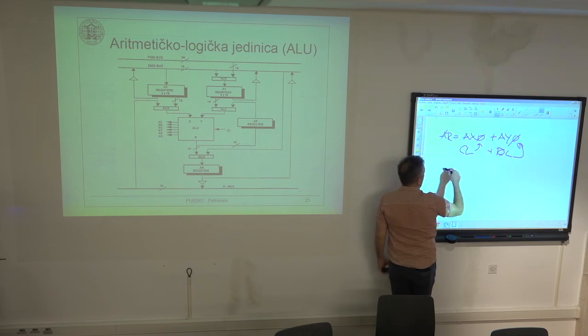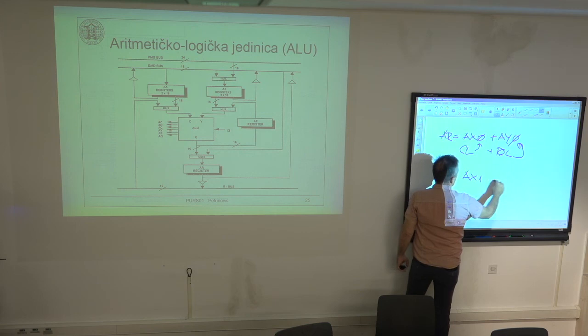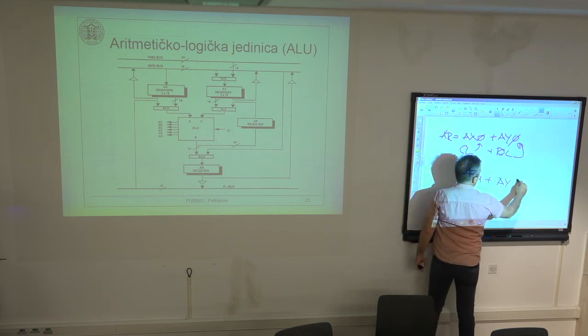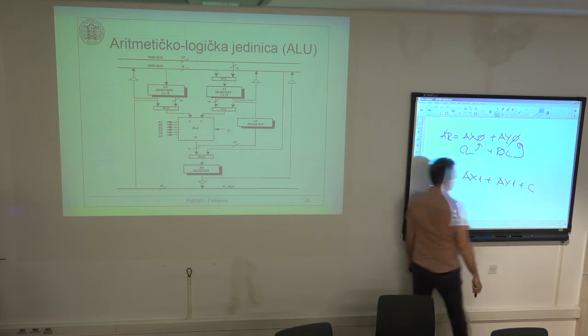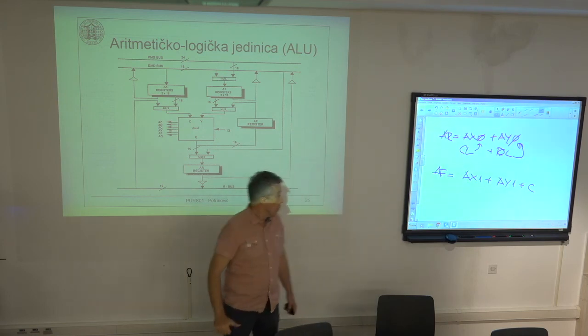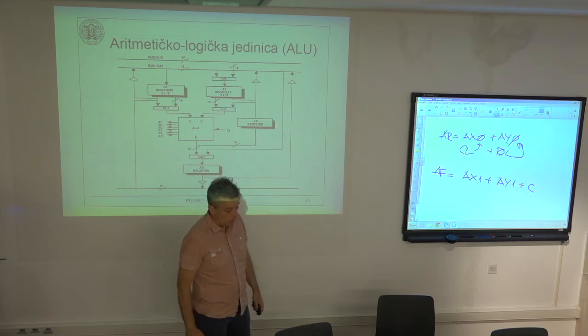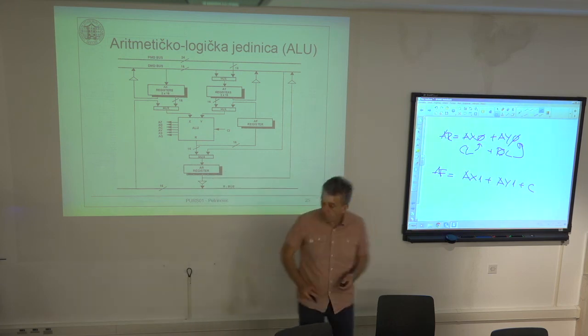And in the next instruction, I can compute, for example, AF is equal to AX1 plus AY1 plus C, plus carry. In this case, this AF would contain the upper word of the sum, and this AR would contain the lower word of the sum of these two double word arguments. Okay.